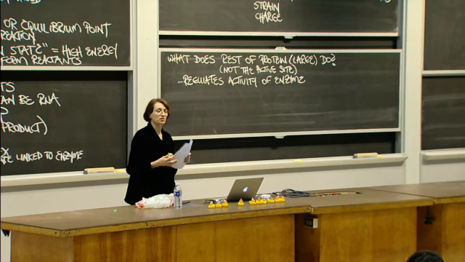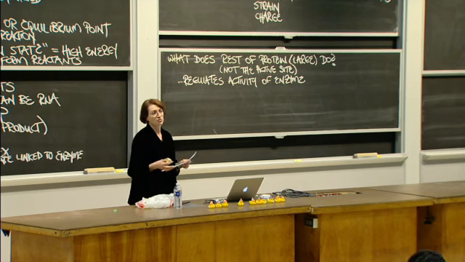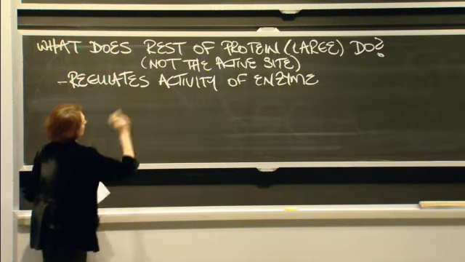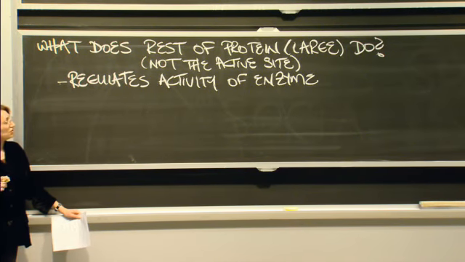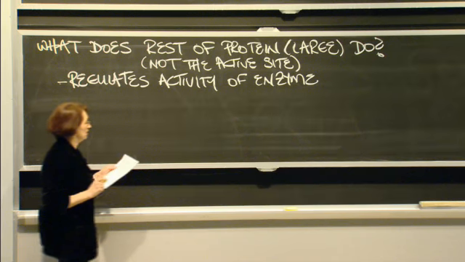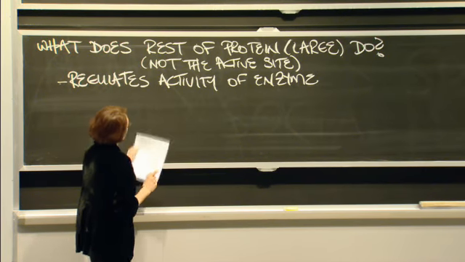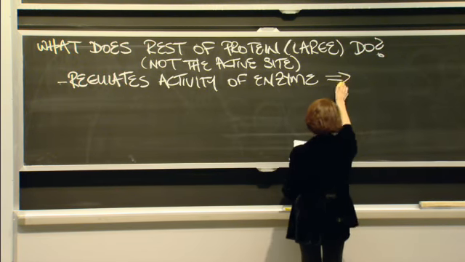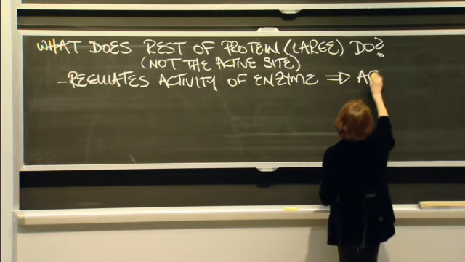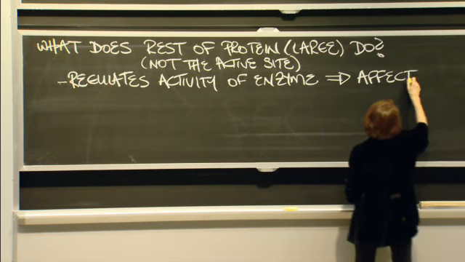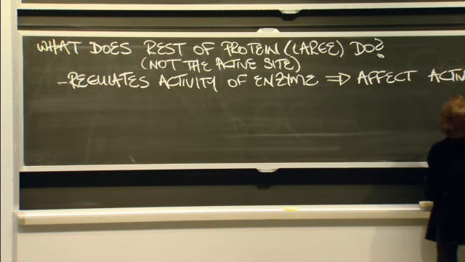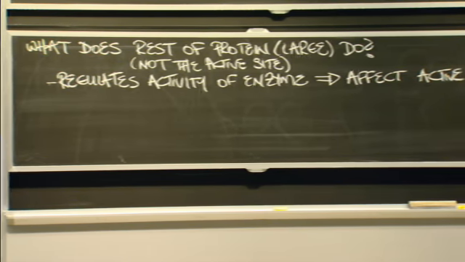The enzymes are a place where you control how much product is being made, how much reactant is being used, how much substrate is being used. So the rest of the protein controls the activity of the enzyme, and there are a couple of ways that this activity is controlled. The end result is that all of these regulations affect the active site, even if they happen far, far away.